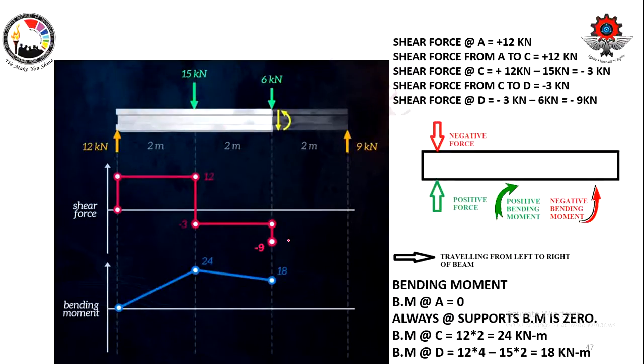Now next step, right? We are supposed to know the shear force at D. We saw from C to D. Now we are supposed to find out the shear force at D. So carry that 3 kilonewton from the previous step, put it here, and we have to add up the load that is available at the point D. Now adding this load, this is a downward direction force, so downward direction is negative.